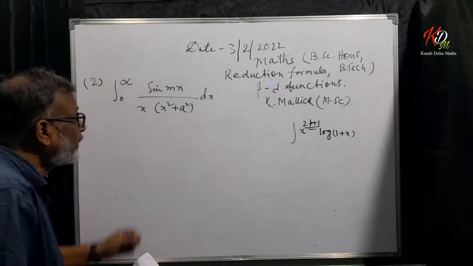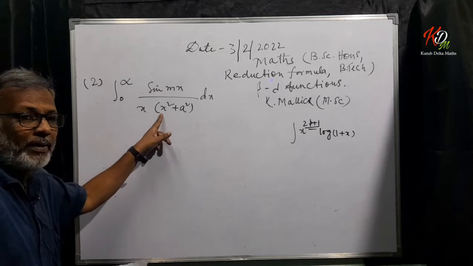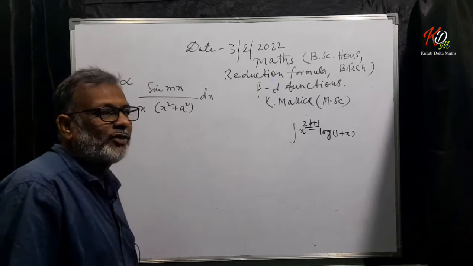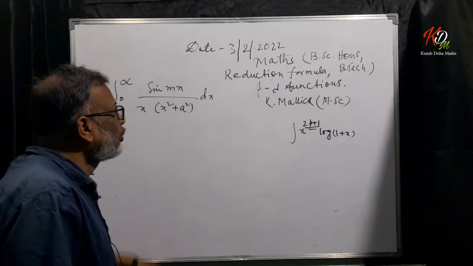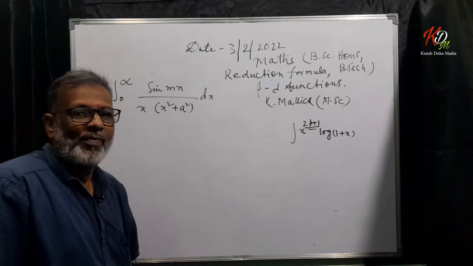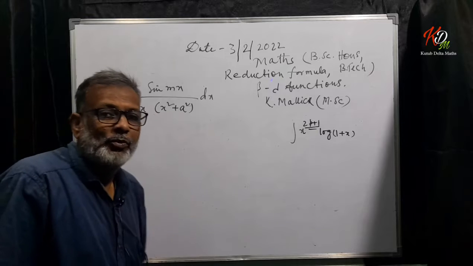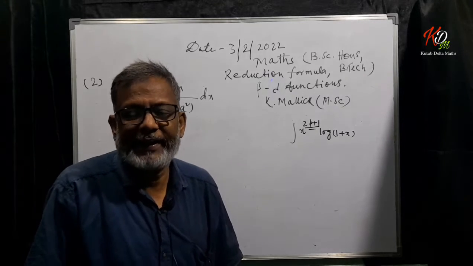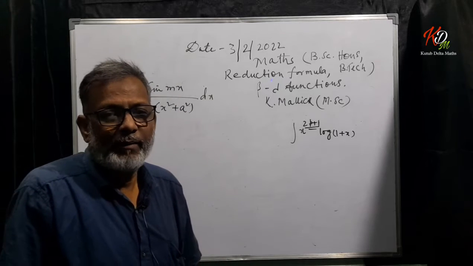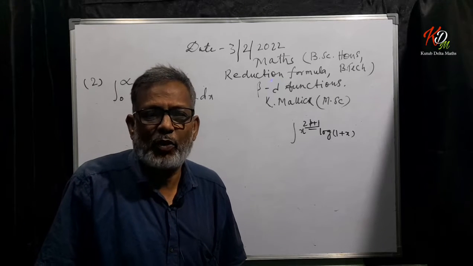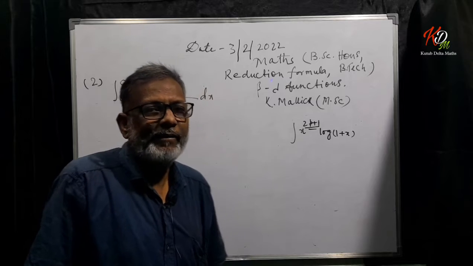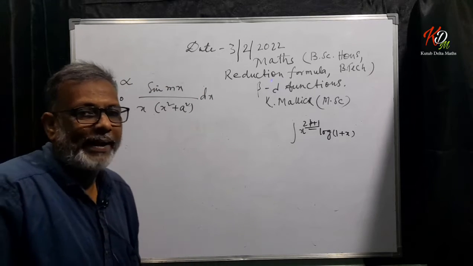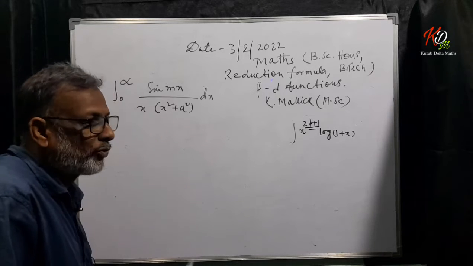Here x is the variable, but when we differentiate the integration with respect to m or a, here we suppose m varies, but all the other terms must be kept constant, and when a varies, then the other terms will be constant.